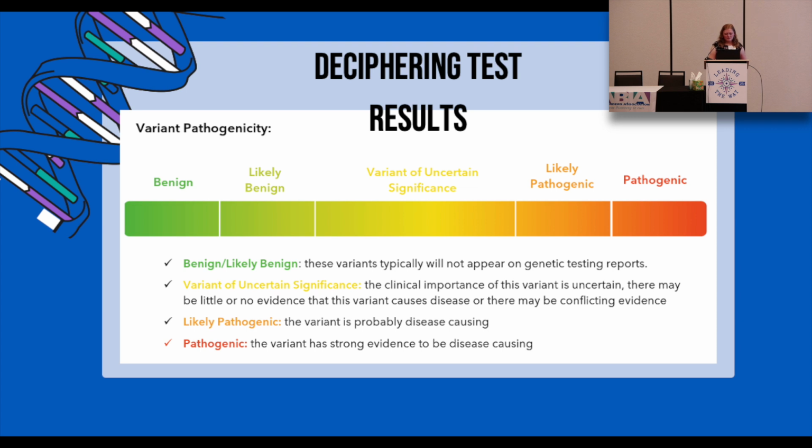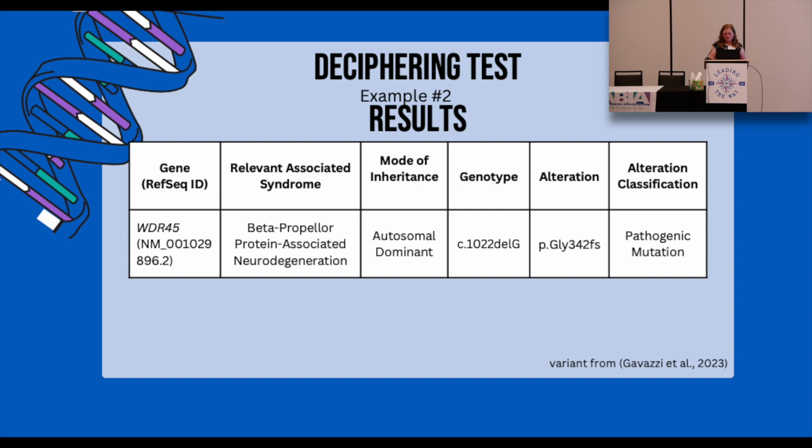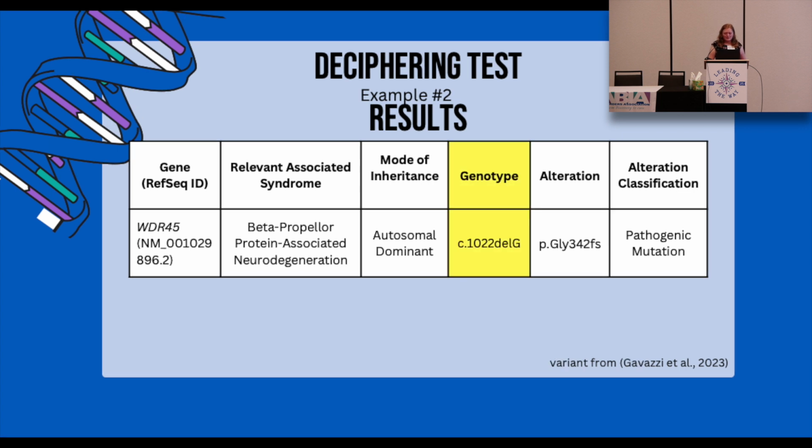This is another example where, it should also say X-linked, but this is saying on the 1022nd letter in this person's DNA sequence, there is a deletion. So there's just one letter deleted.